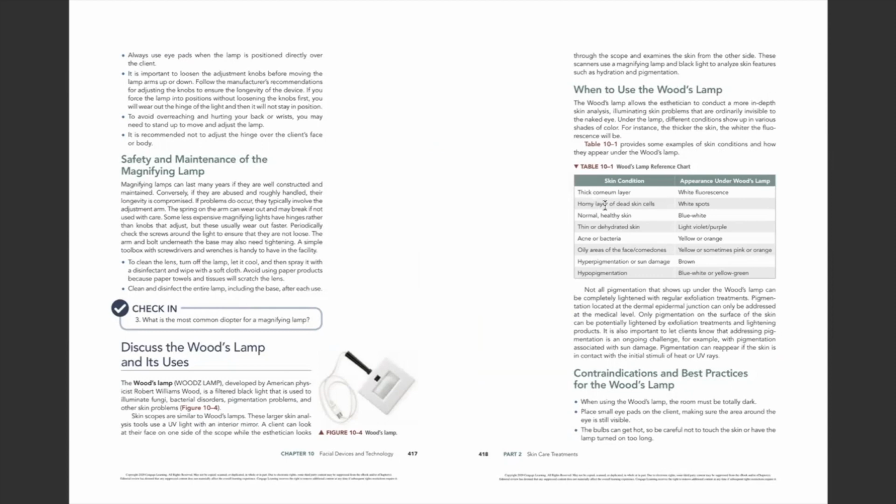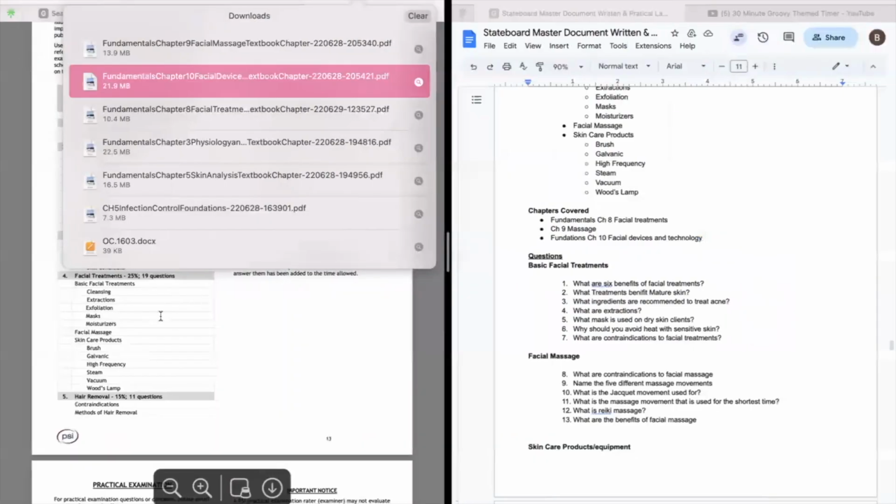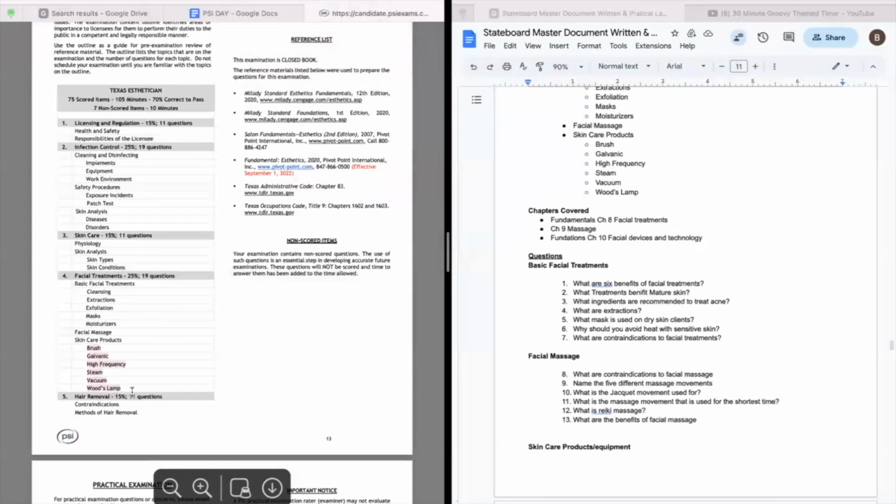Thick stratum corneum layer, horny layer of dead skin, normal skin, thin and dehydrated skin, acne or bacteria, oily areas and comedones, hyperpigmentation or sun damage, hypopigmentation or a lack of pigmentation, and those contraindications for the Woods lamp. Rotary brush, it's all listed right here in the exam.